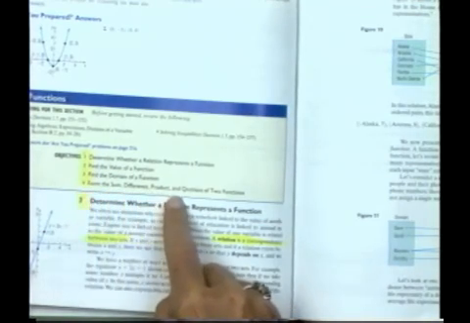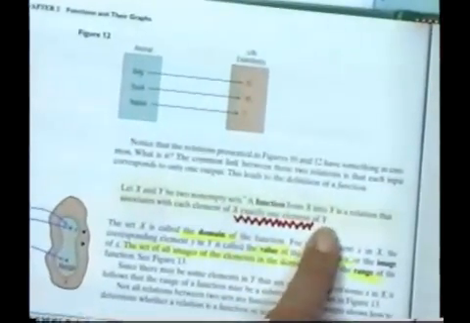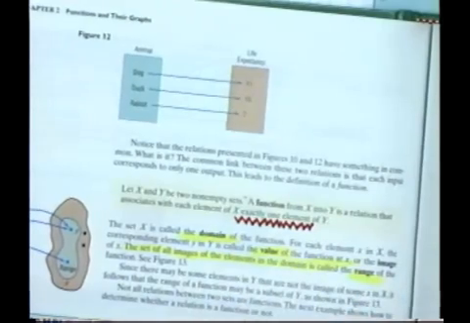And forming the sum, difference, product, and quotient, you're just taking two functions. You have to carry through the domain, and you've created a new function. Be sure you're reading through your book. On page 206, it gives you the definition for a function. x exactly gives you one element of y. There's your terms, domain, and range.